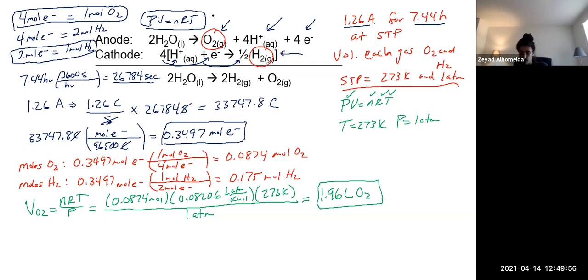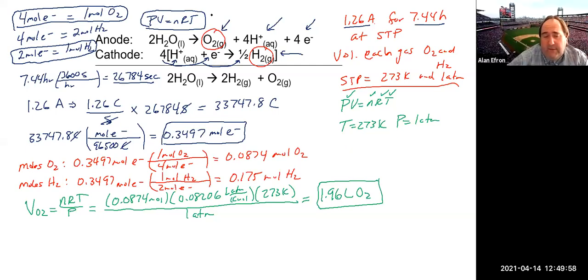Okay. And we could do the exact same thing for hydrogen if we wanted to, but we also could do something else. You might also remember from 1A that when you're at STP conditions, 1 mole of any gas equals 22.414 liters. So you technically could use that instead of the ideal gas law if you wanted to. And you could use that because, again, we're at STP conditions.